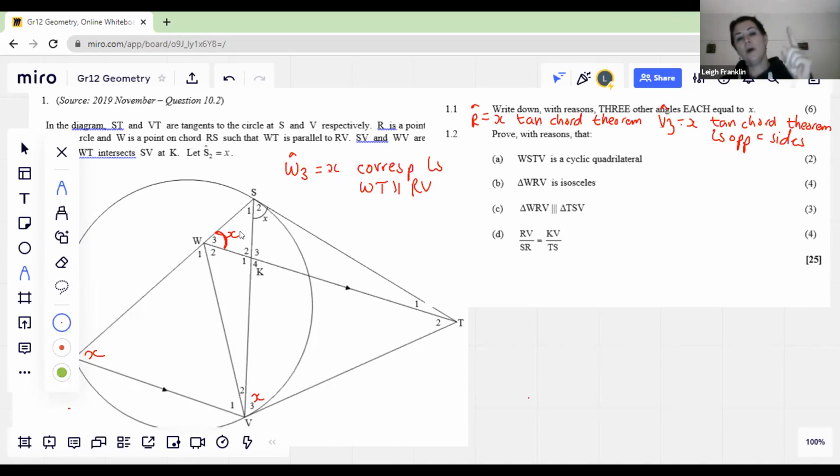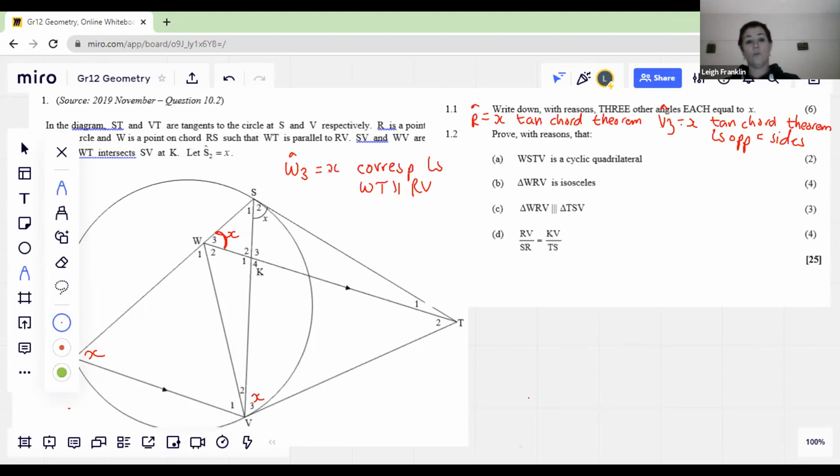Put your eyes at S and at T. So if you could put your fingers at S and T and then follow S to W and T to W. Can you see that that angle is X? That's angle W3. Go back to ST. Now follow S to V and T to V. Can you see we're looking at angle V3? Can you guys see that?